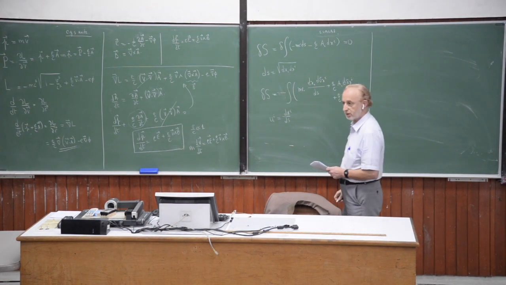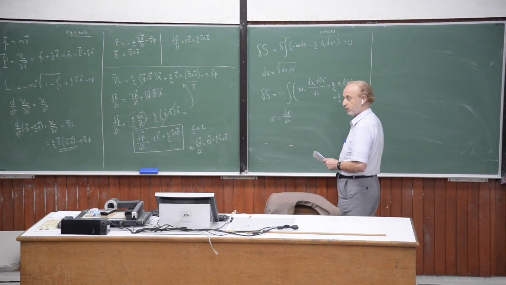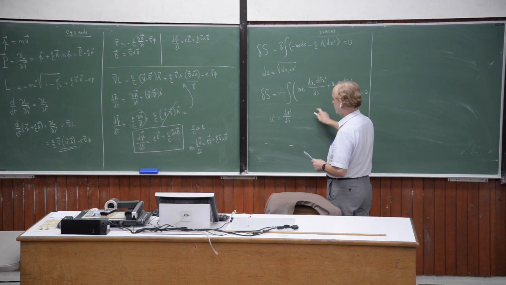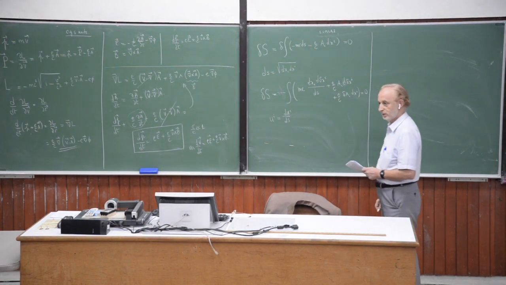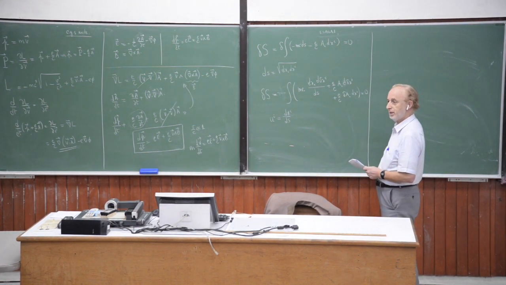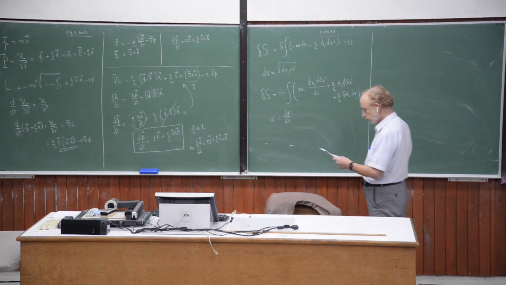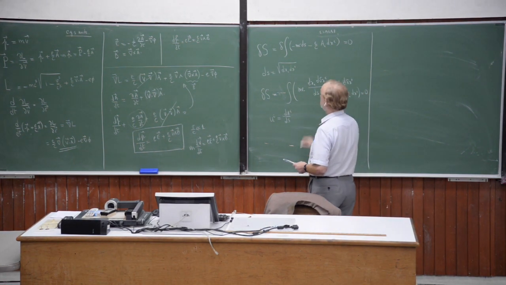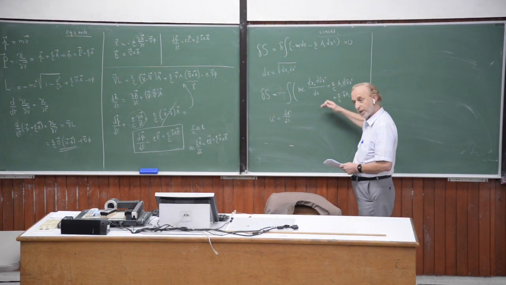It's a 4-velocity vector. It has components 1 and v/c. Yes, v/c. So with this, now there are some algebraic steps here which I'm skipping.